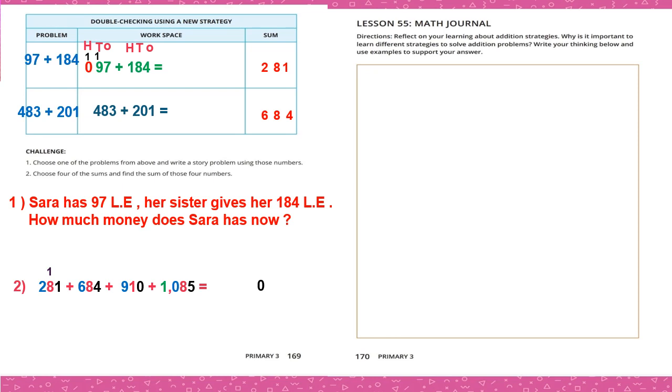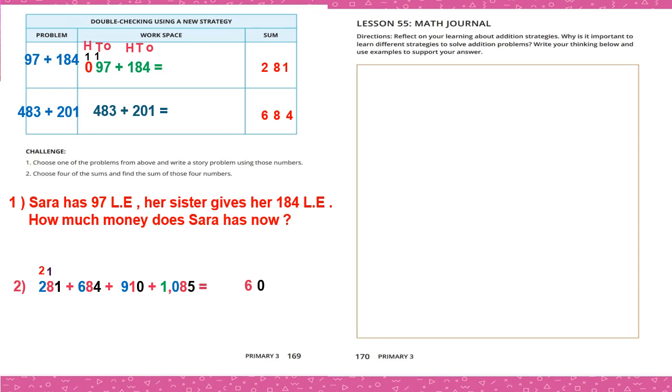Look at the tens home. 1 plus 8, 9. 9 plus 8, 17. 17 plus 1, 18. 18 plus 8, 26. So you should put 6 and carry up 2 on the next home.